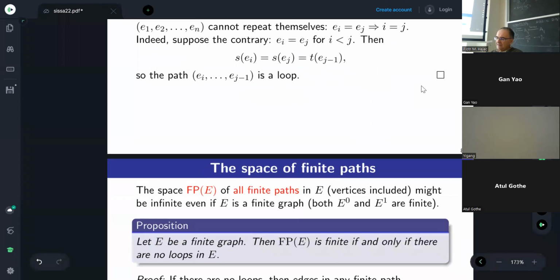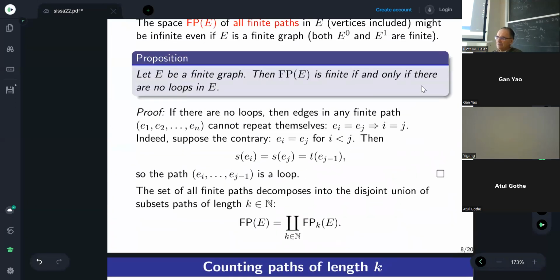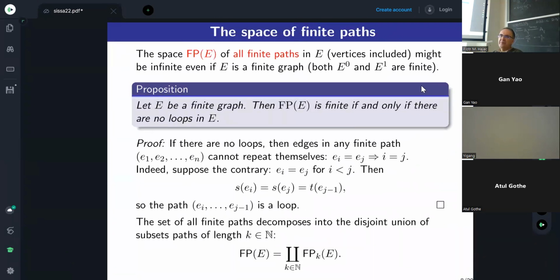However, it's a bit more subtle when you fix the length of your path. So first, let me draw your attention to the fact that when you take the set of all finite paths of your graph, it decomposes into a disjoint union of subsets labeled by the length of a path.